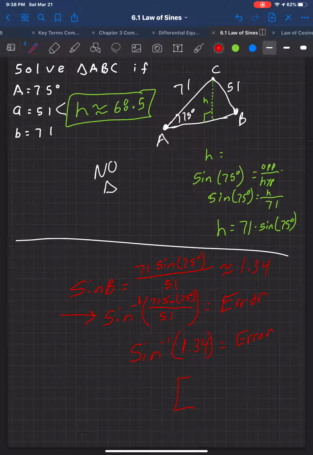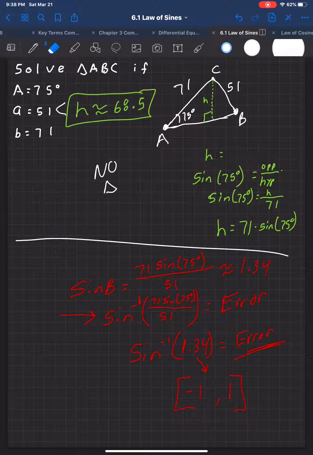So remember when you do the inverses, the range of sine is from -1 to 1. So when you take sine inverse, the domain is from -1 to 1. So 1.34 is not in that domain. That's why your calculator is telling you error. Your calculator is telling you error because A is not big enough to touch. It's not long enough to form a triangle.